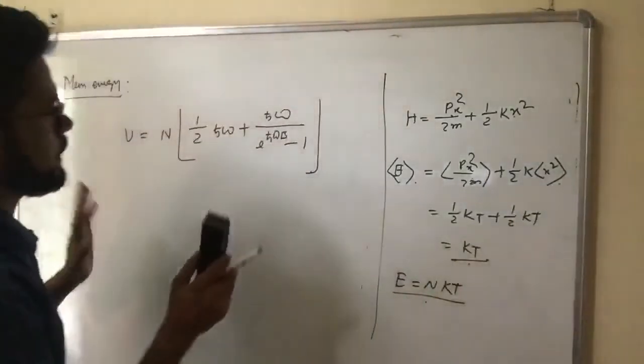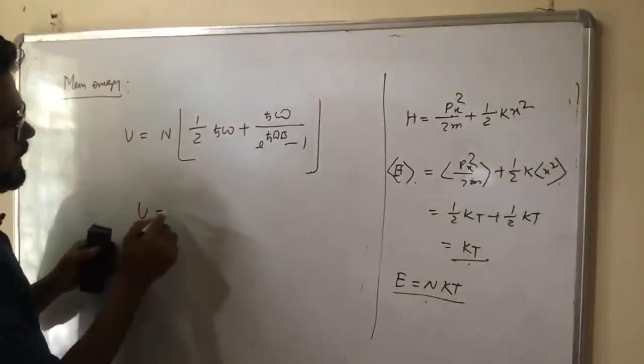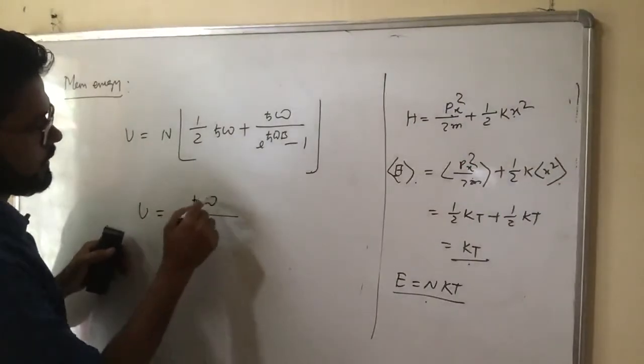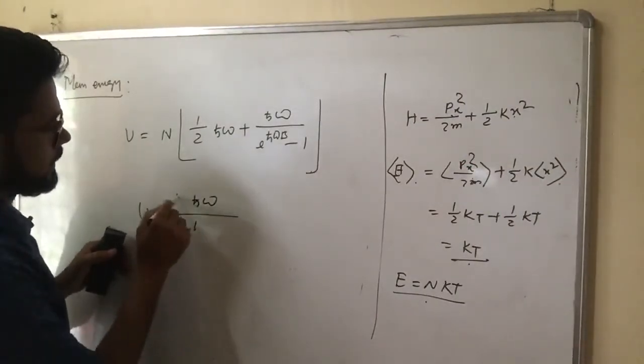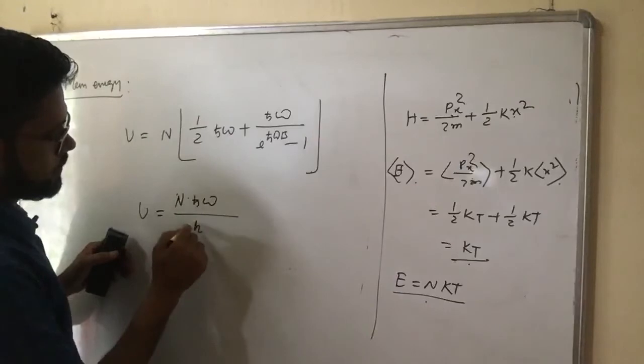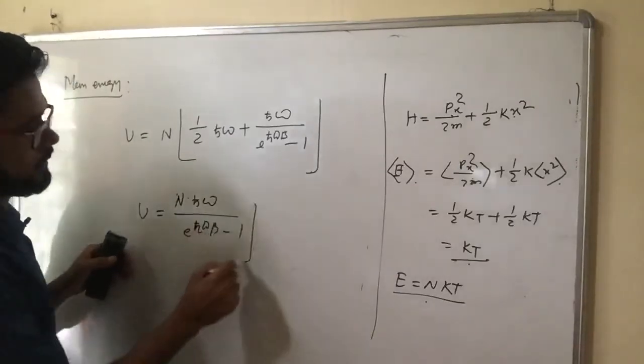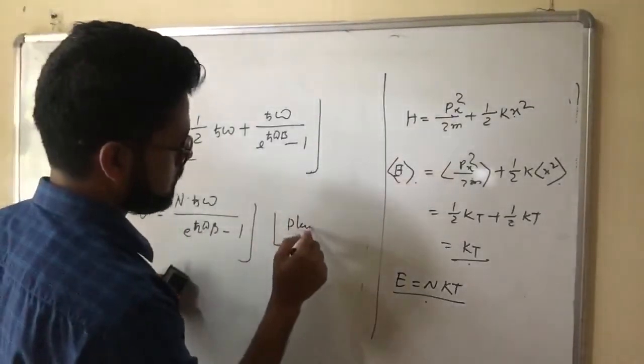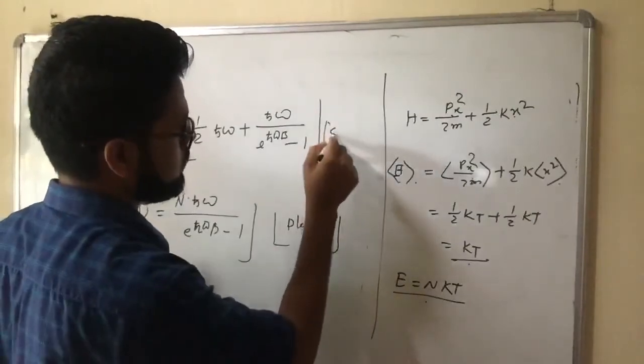If it is a Planck oscillator, then the mean energy will be h cos omega by e to the power h cos omega beta minus 1. It is the Planck oscillator. And this is the Schrödinger oscillator.